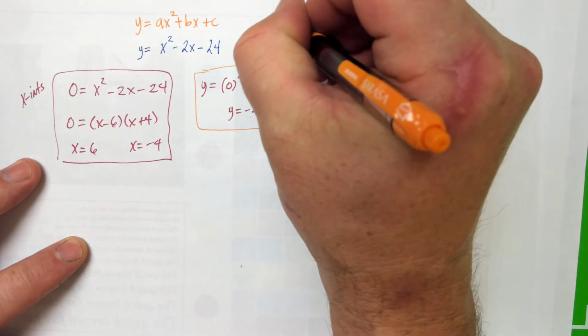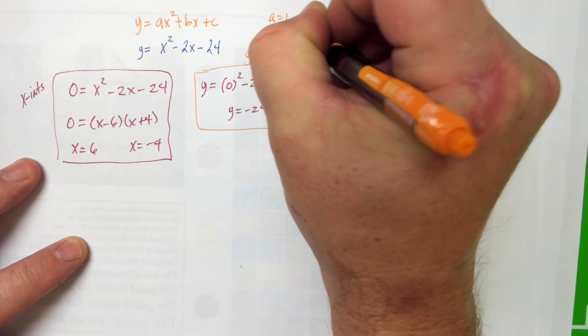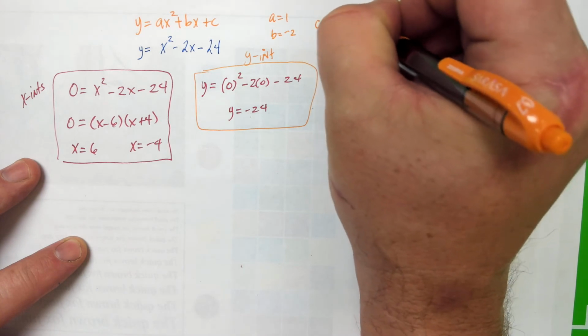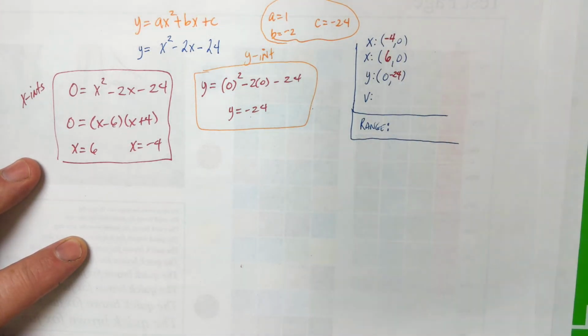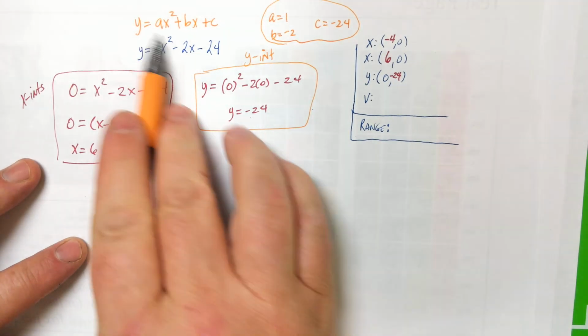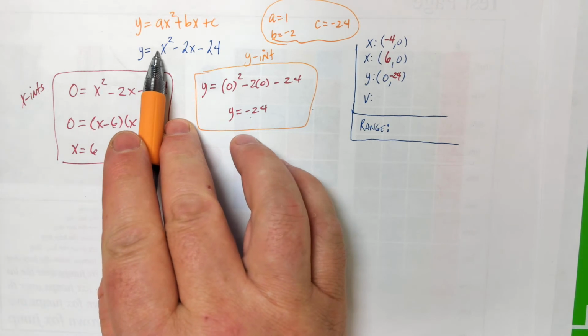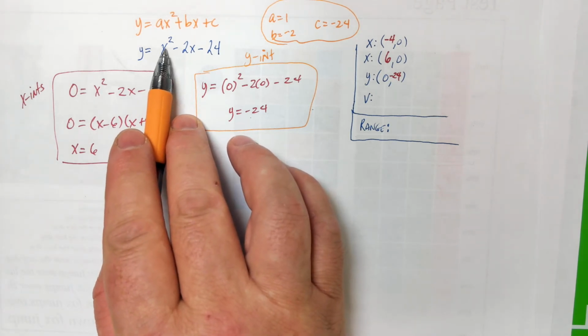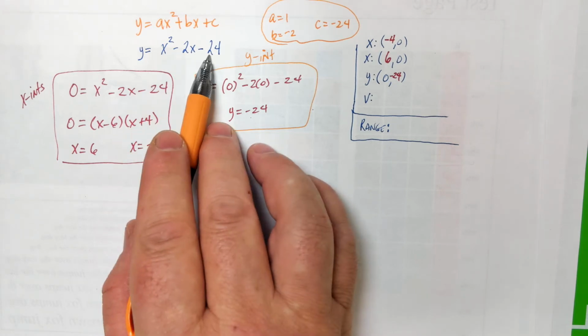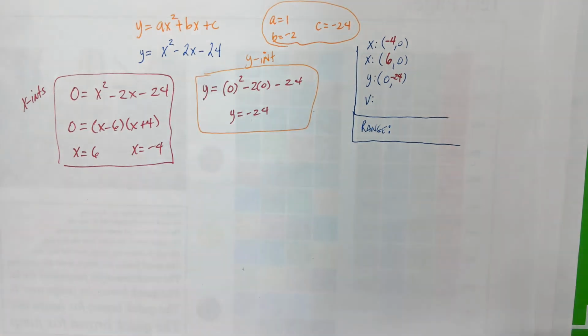So for this one, a would be 1, b would be -2, and c would be -24. Why 1? Because there's 1x. There's not a number there, so it's just 1. Because you don't need to write times 1. And why negative? -2, -24. A, B, C. Remember?